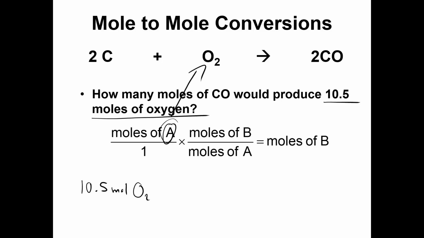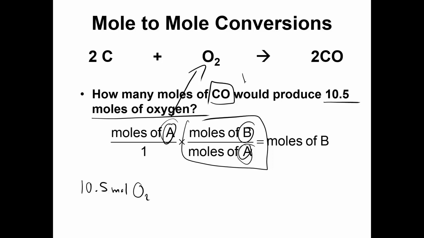And so I need a conversion factor that relates the moles of A to moles of B. My moles of B here is carbon monoxide. My moles of A, of course, is oxygen. So my conversion factor comes from the balanced equation.